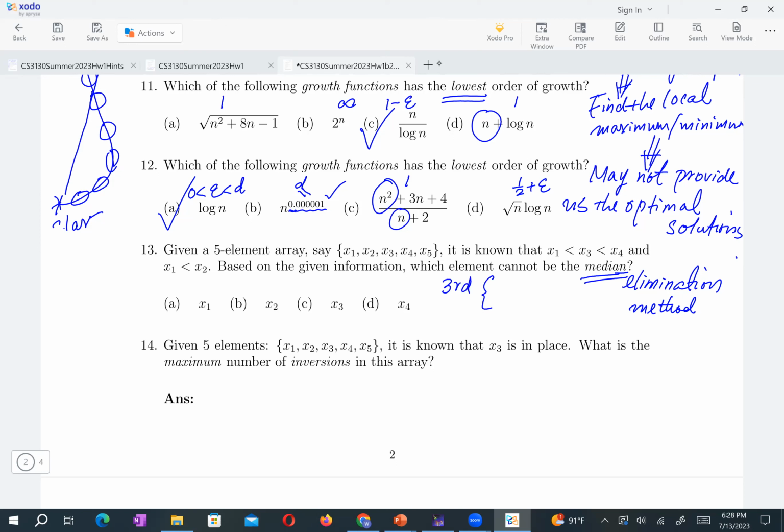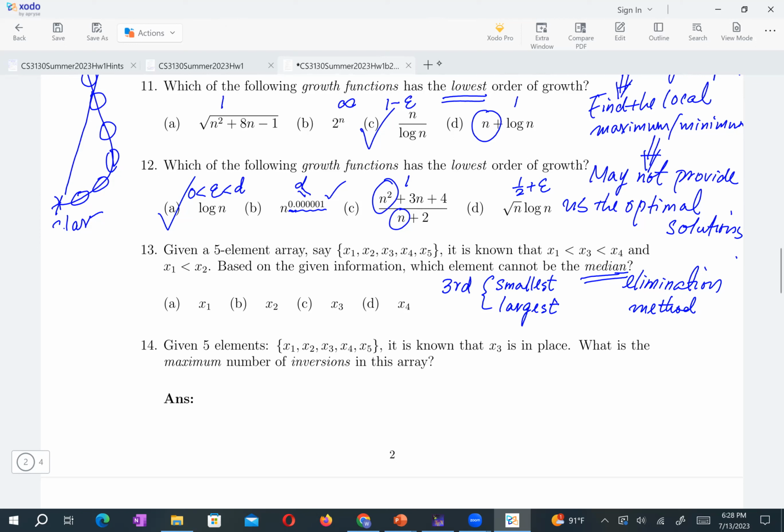Specifically, this third position we can interpret as third smallest or third largest. So you look at the same position from two directions, two ends: from the left end, smallest, and from the right end, largest.